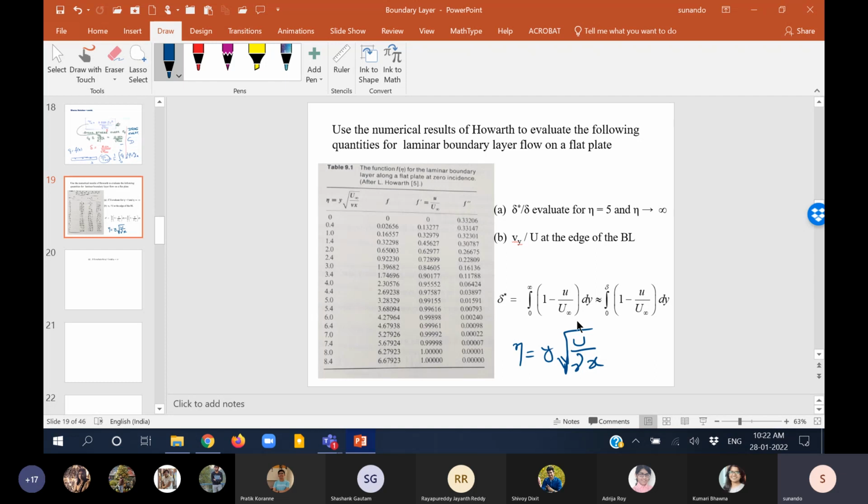And not only do you have to change y to eta, but you will also have to change this u by u infinity into something the values of which are provided in the table.